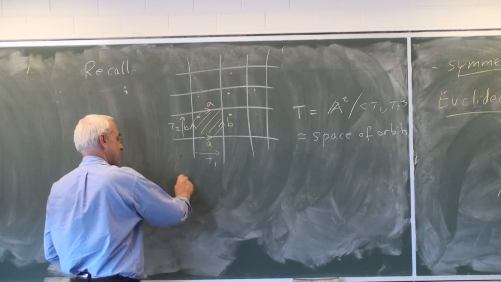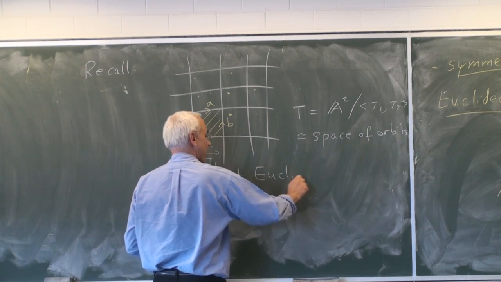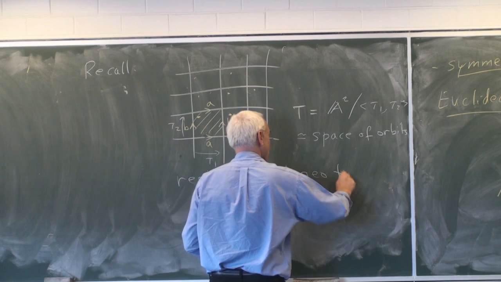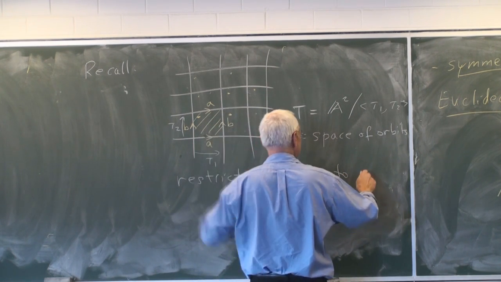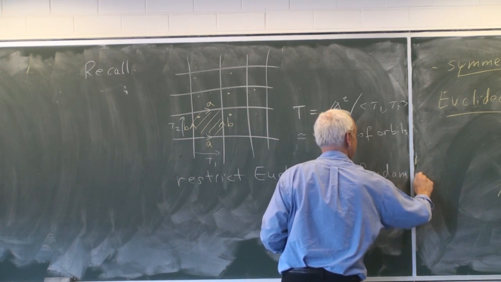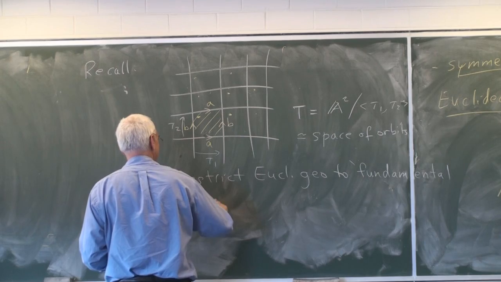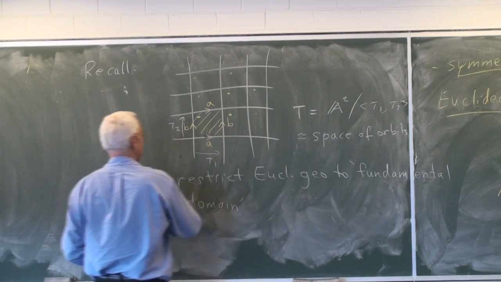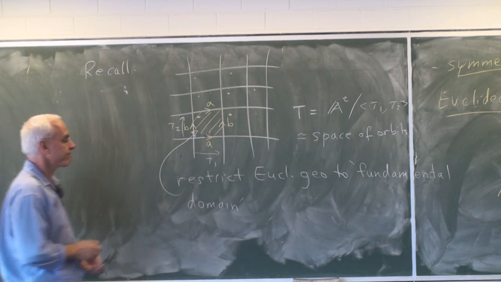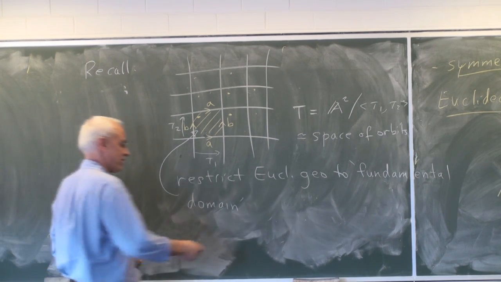So we just restrict Euclidean geometry to this sort of fundamental domain. That's the fundamental domain. That makes it homogeneous.